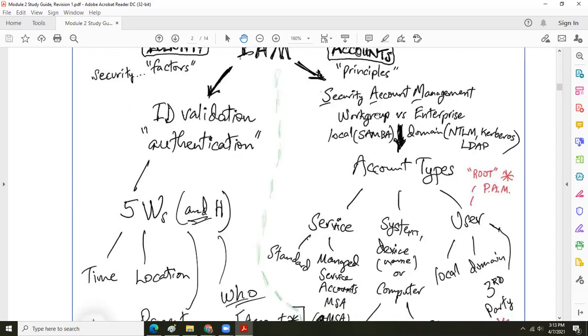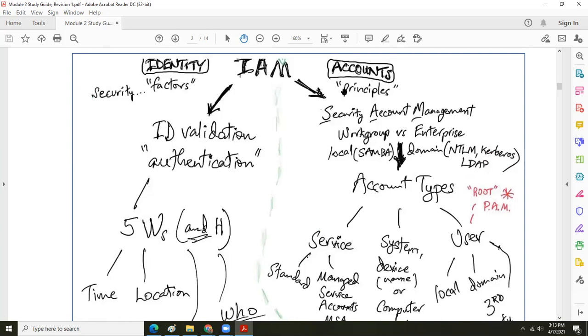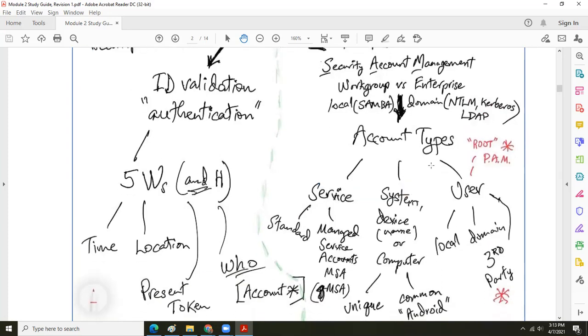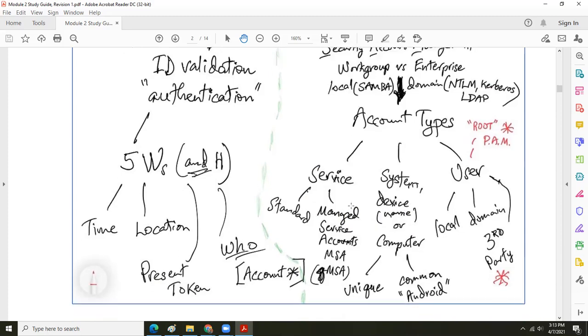Security account management is a component of the accounts side, and there's three different types of accounts that we talked about: user accounts, system accounts, and service accounts. And in class we did break out some things about standard service accounts, and then you have this thing called a managed service account.